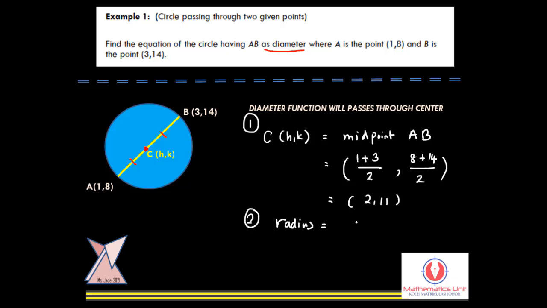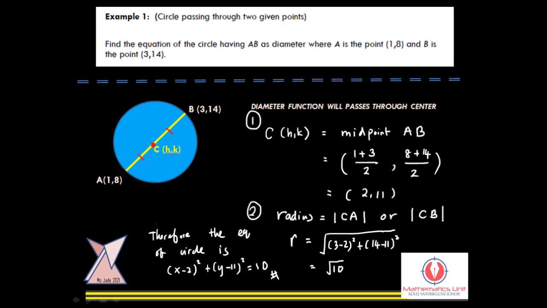The radius is the distance from A to the center, or we can also say it's the distance from B to the center. Let's consider point A, since the values of point A are much smaller compared to B. So the radius is the distance between point C and A, which is the square root of (3 minus 2) squared plus (14 minus 11) squared, and lastly you obtain the square root of 10.